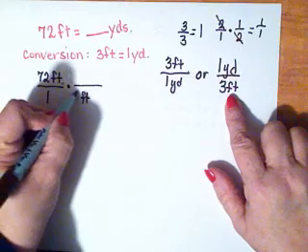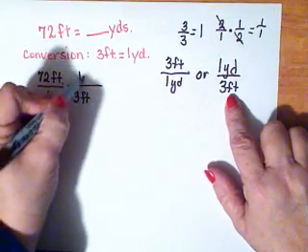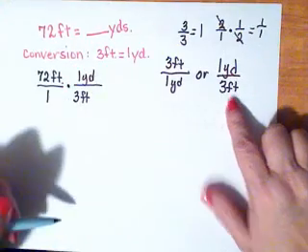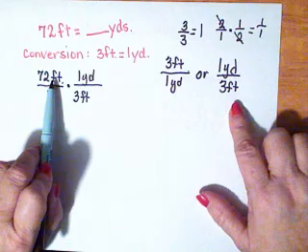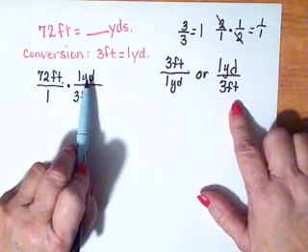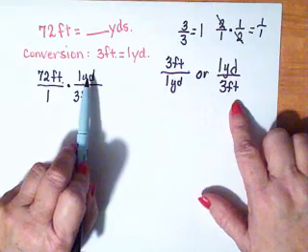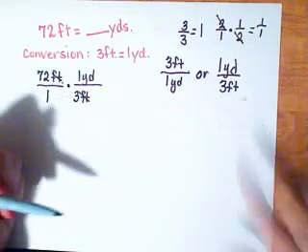So I picked the one in my conversion that gives me feet in the denominator, and I just write it down: 3 feet equals 1 yard. What you start out with starts on the top, and what you end up with also ends up on the top.